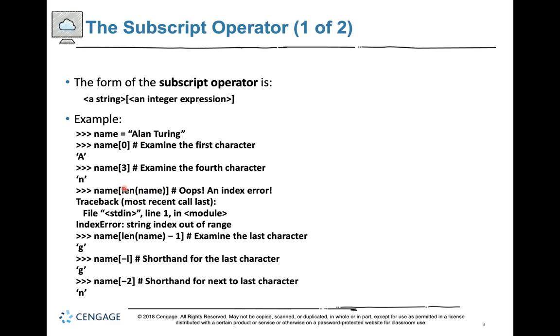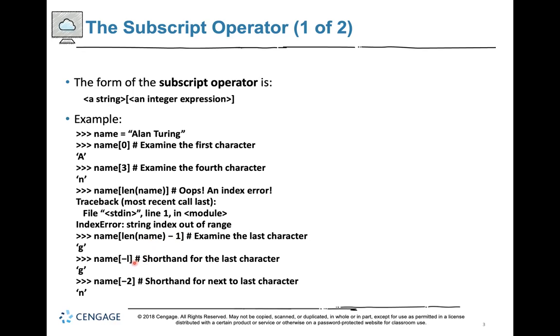So if you query the length of name as an index, this is going to give you an error. It will throw an index error exception right here. It tells you index out of range. So the last character is really the length of the string minus 1, because it's 0 based. The count of index does not start from 1, it starts from 0.